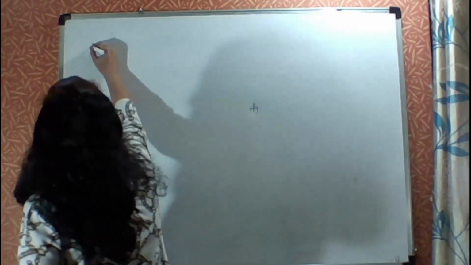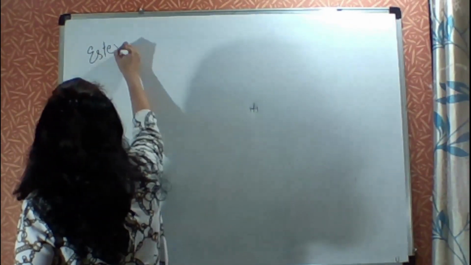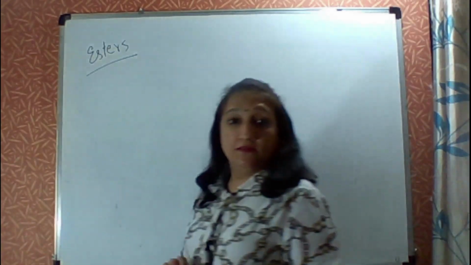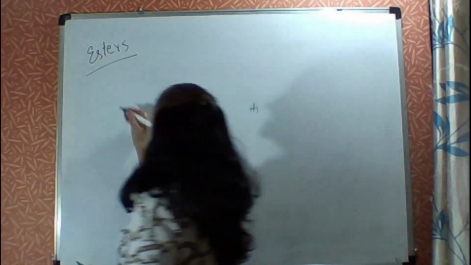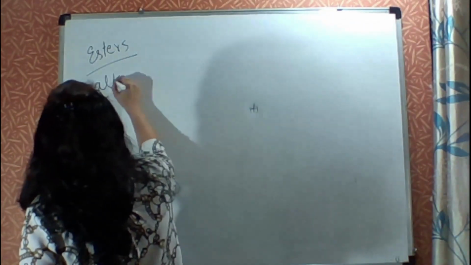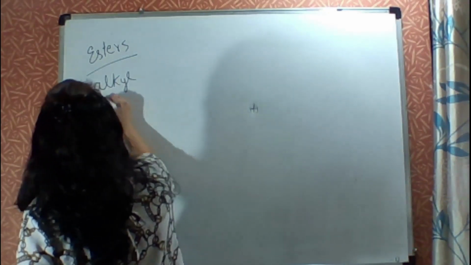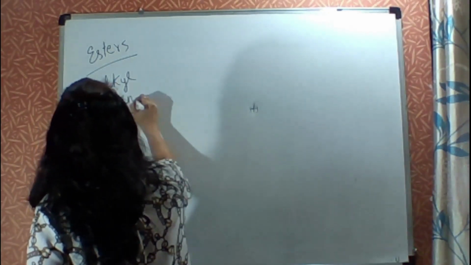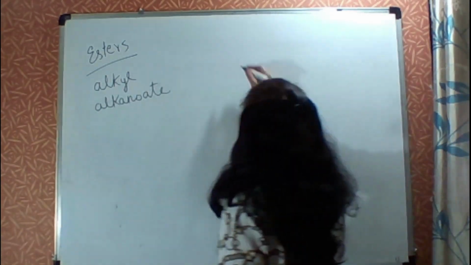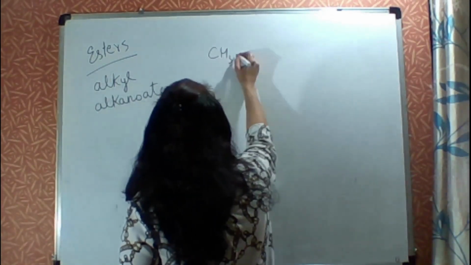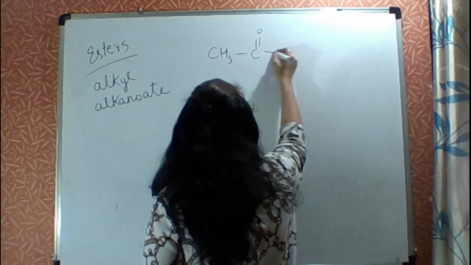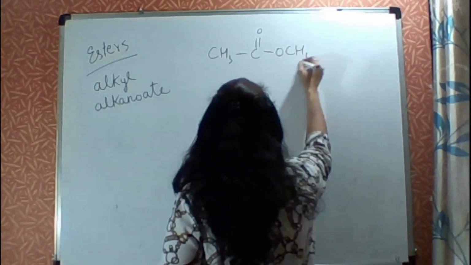Let's discuss esters. The names of esters are written as alkyl alkanoate. For example, CH3, C double bond O, OCH3.